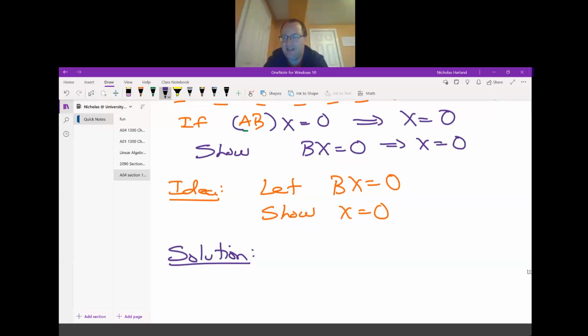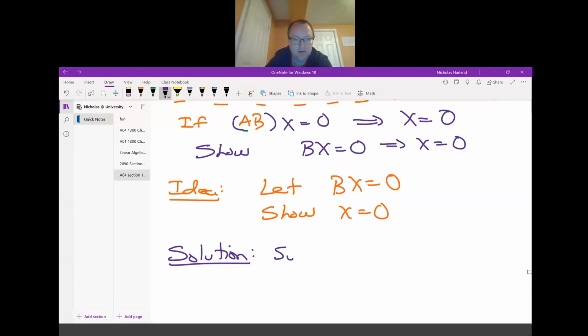That would be like saying, I'll show 0 is equal to 1 by just saying that 0 is equal to 1. No, we can't do that. Unfortunately, we can't multiply by b inverse because we don't know if b is invertible, right? Until we know b is invertible, we can't multiply by the inverse. So unfortunately, that's not going to work.